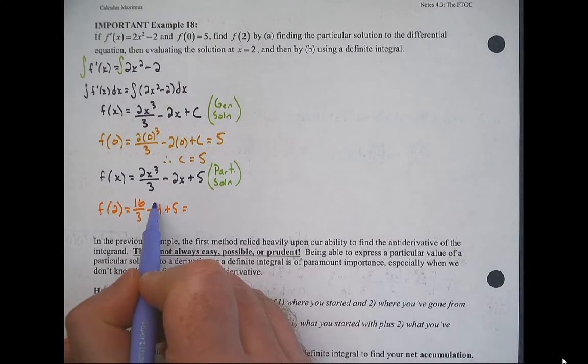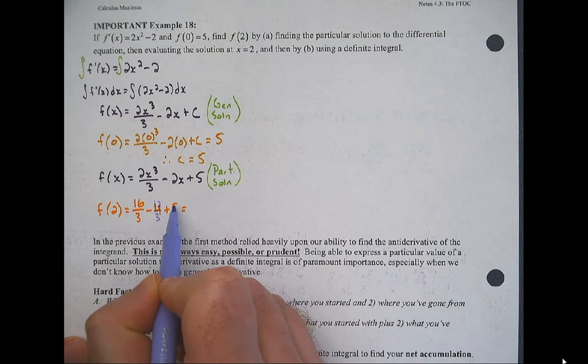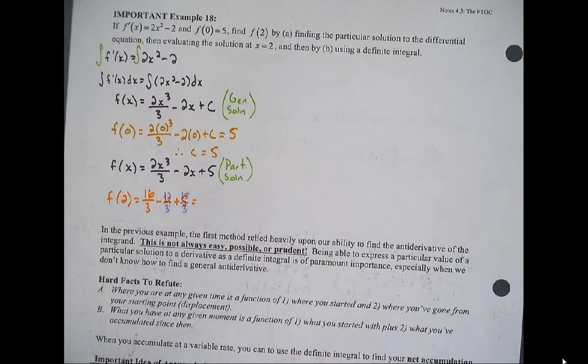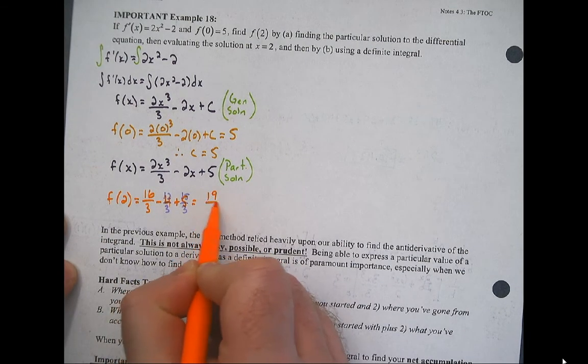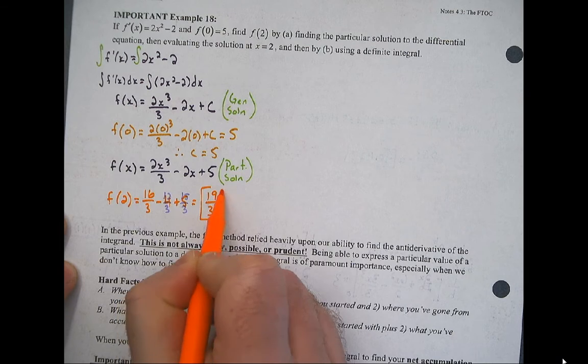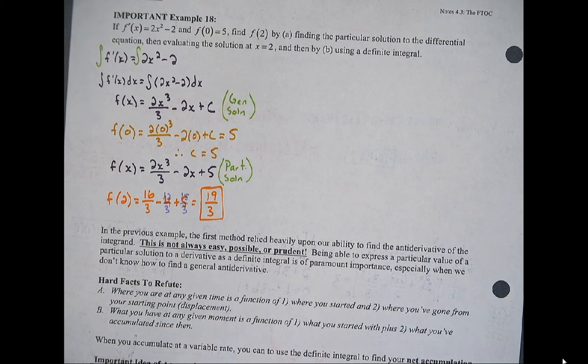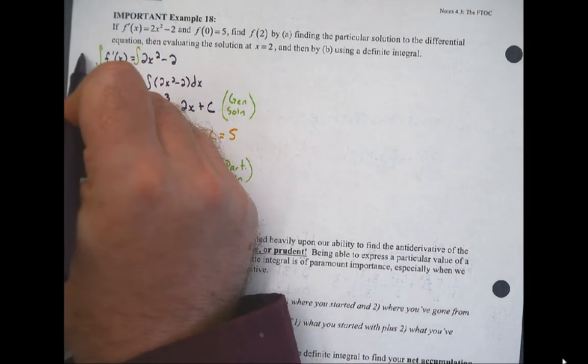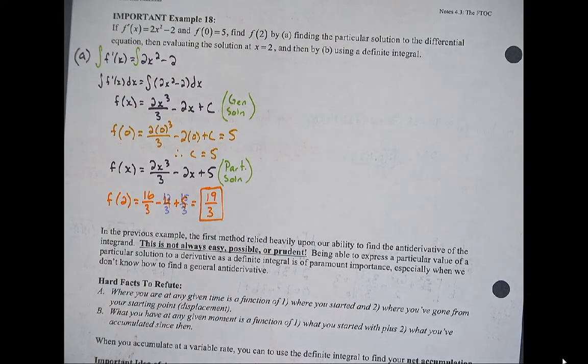So I'm going to make this 12 over 3. Going to make that 15 over 3. So that's 12, 3 is 16, that's 19. So 19 thirds. f of 2, which is what we should be boxing in here, f of 2 is equal to 19 thirds. Part A.